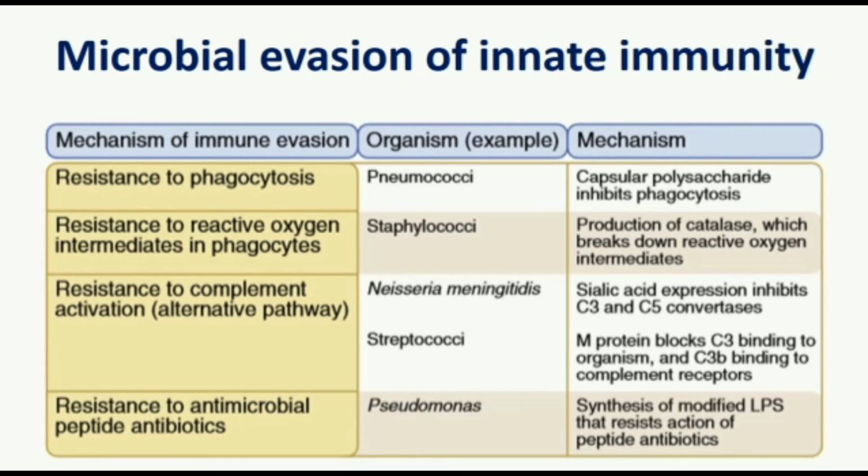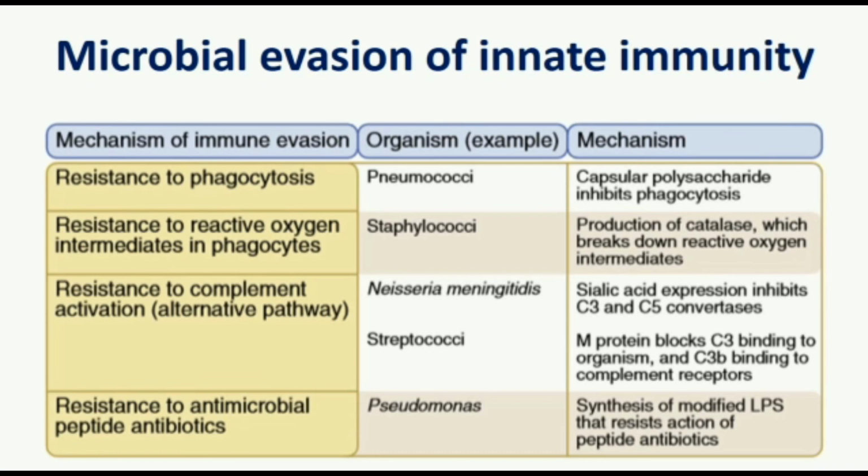As well as that, some Neisseria types express sialic acids, which are responsible for inhibition of C3 and C5 convertase and prevent further activation of the complement system. In the same way, streptococci release M proteins that block C3 binding to the organism and C3b binding to complement receptors, which leads to resistance to complement activation, mainly the alternative pathway.